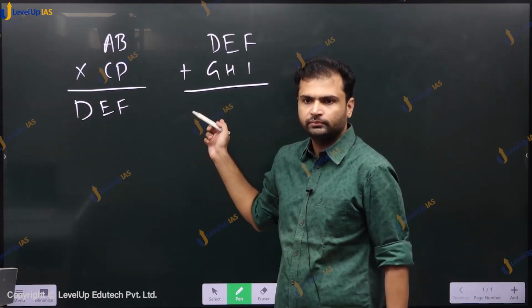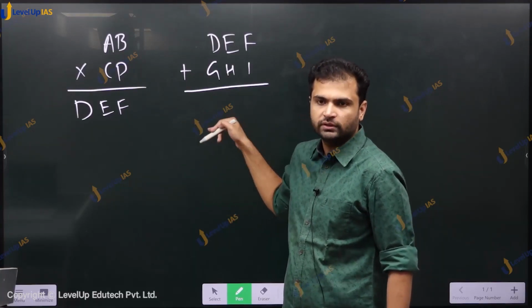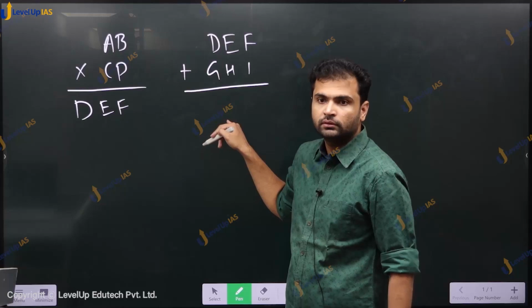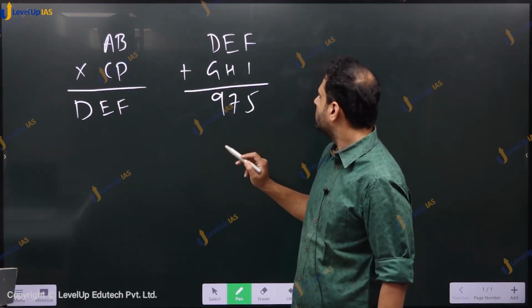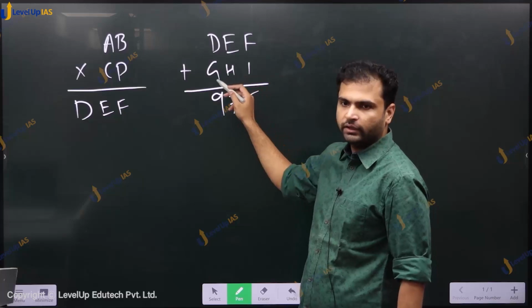What is it? What is the number? Further, I guess H and I are given.